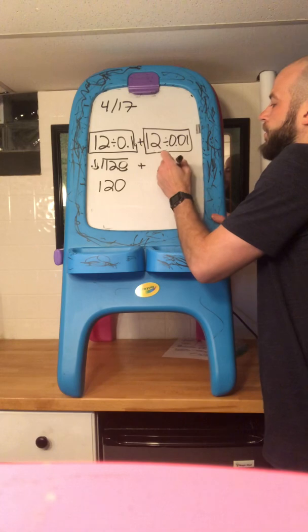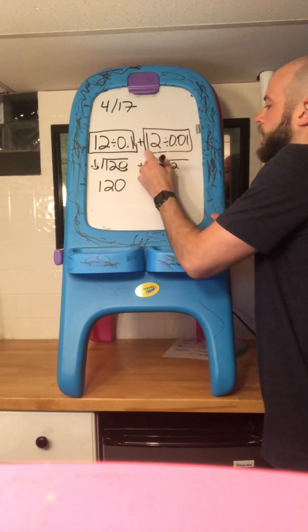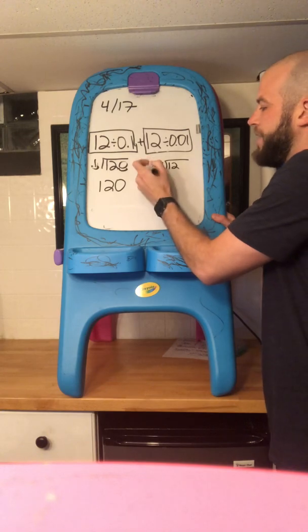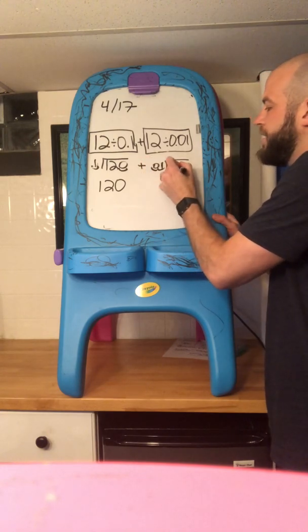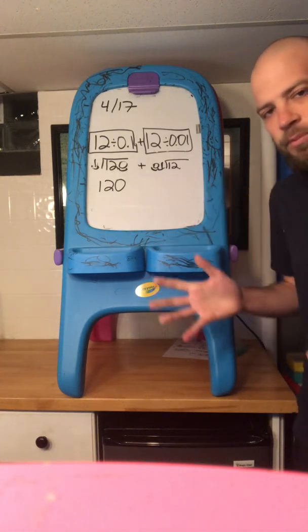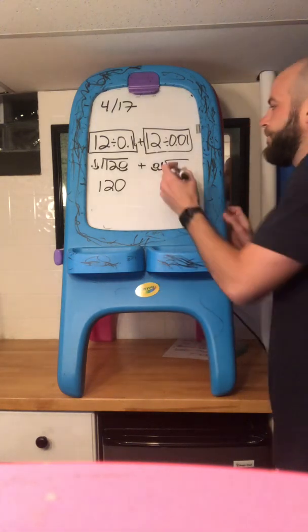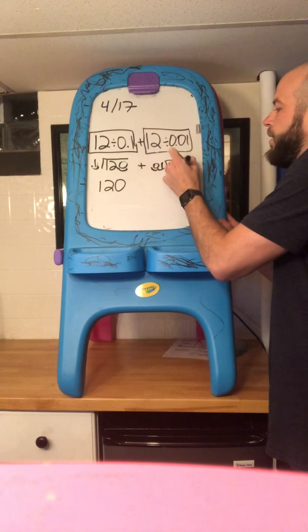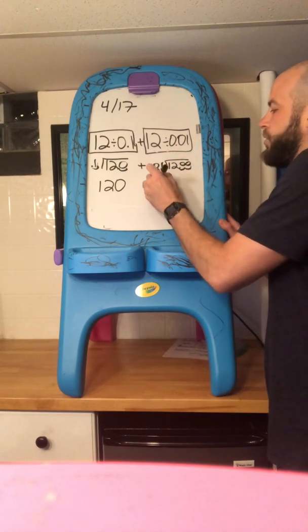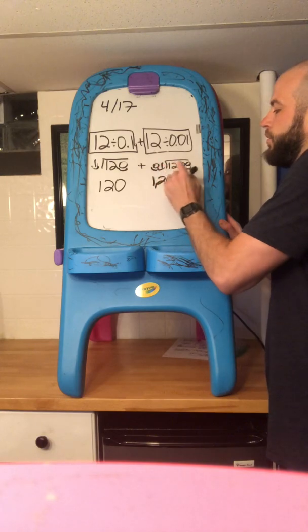12 divided by 1/100. We're not allowed to divide with a decimal on the outside. Push that over twice. 12 has an invisible decimal after it because decimals separate the whole number and the not whole number. Push it over twice as well. Ends up being 1,200 divided by 1, which is 1,200.